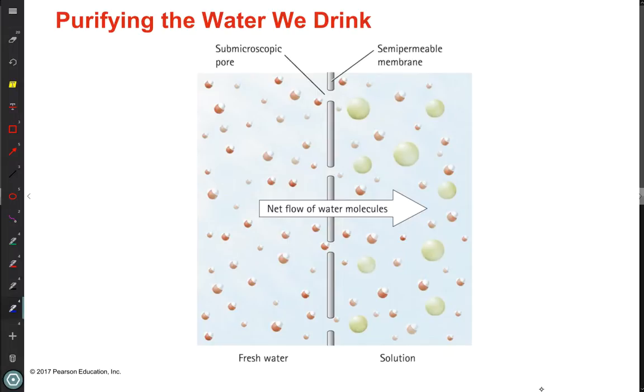Basically, with osmosis, you have a membrane that allows small things to go through, but not big things. And so with salt water, it allows the water through, but not the salt. And so when you put that in there, you can separate pure water from salt water.